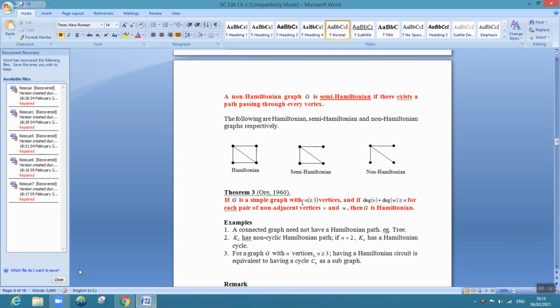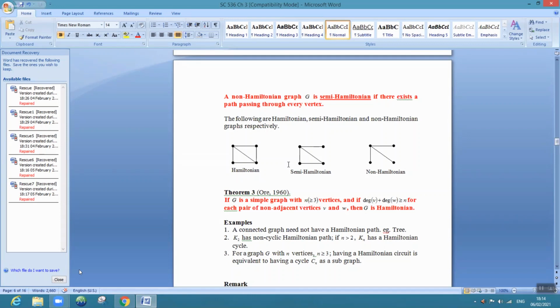If we have more than 3 vertices, and whenever you take a pair of non-adjacent vertices, if the sum of the degrees is greater than or equal to n, which is 4. If you take these 2 vertices, not adjacent, the degrees are 2 and 2, so 4, which is greater than or equal to 4.